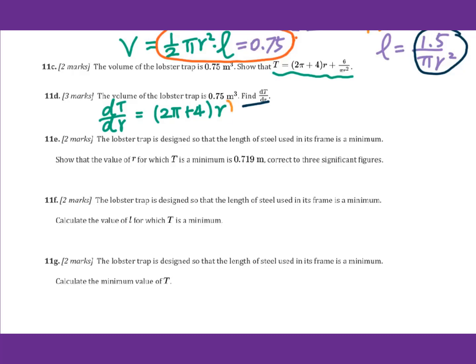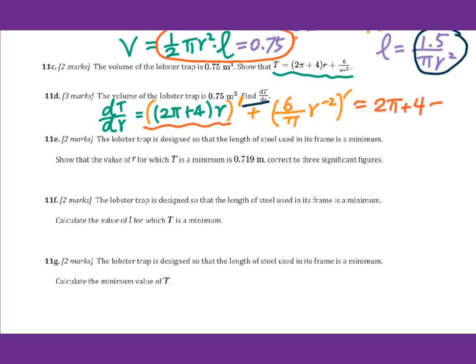We have to do the derivative. Then plus 6 over pi r to the negative second power, we have to do the derivative. For this one, that's a linear function, so we have 2 pi plus 4.